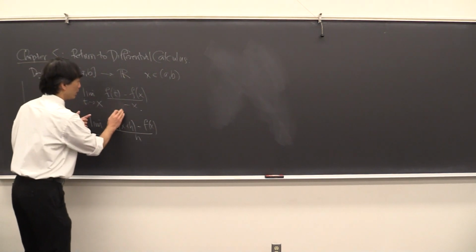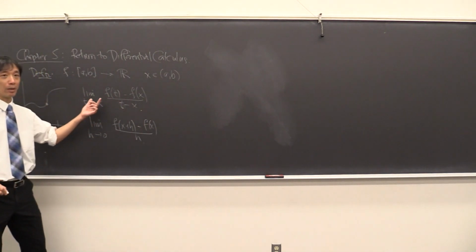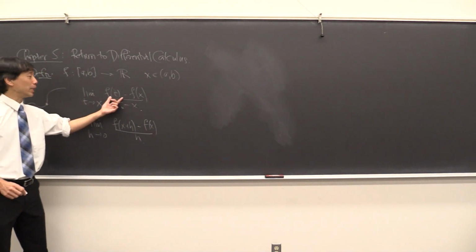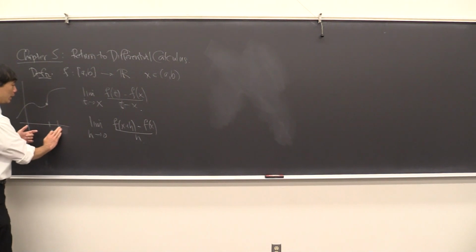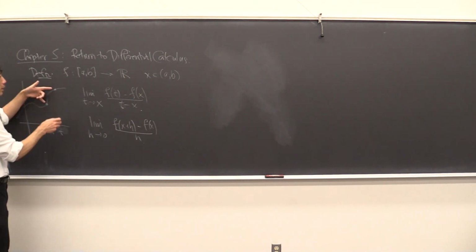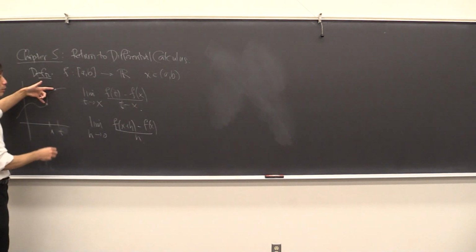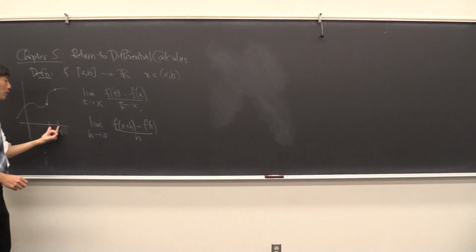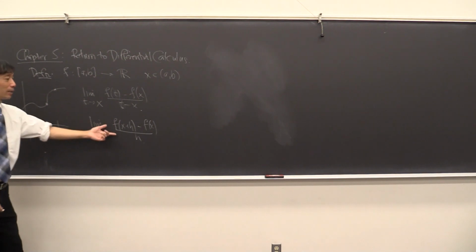It's of course absolutely the same thing to say that you take a second point t, take the difference in height between those two points, and then divide by the width here. That's exactly the same thing.